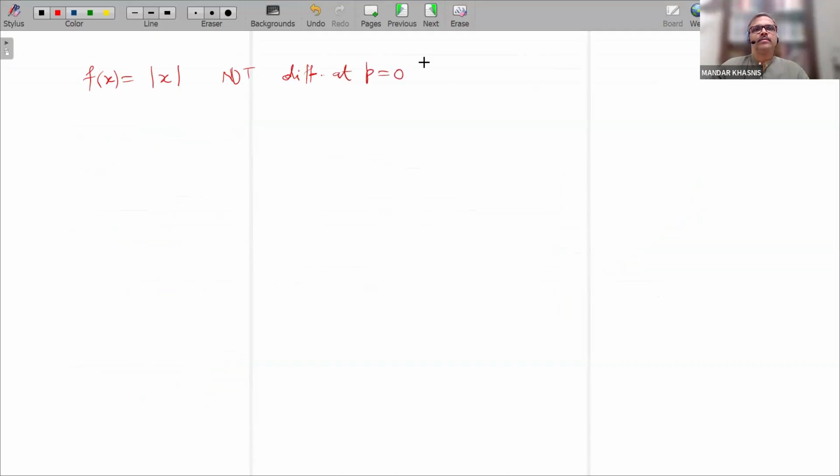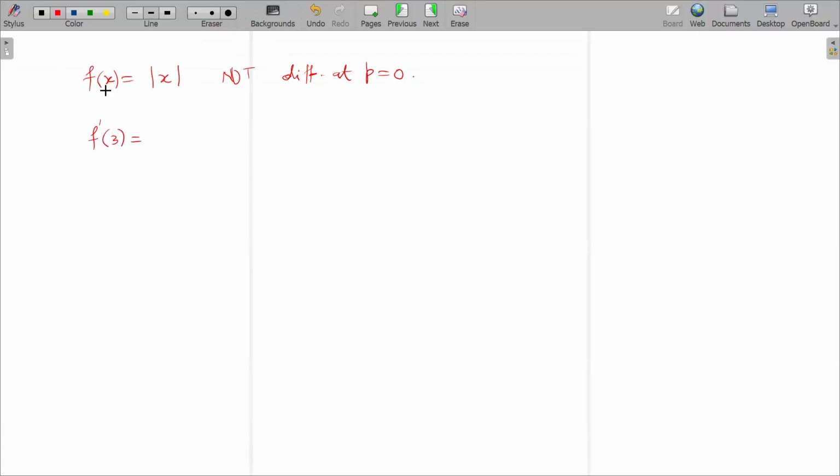By the way, it's not so useless. It's differentiable everywhere else, so it's not differentiable at only one point. Everywhere else, what is going to be the derivative? I think everybody can guess. If somebody asks me what is the derivative of this function at 3, then what is the answer? 1.